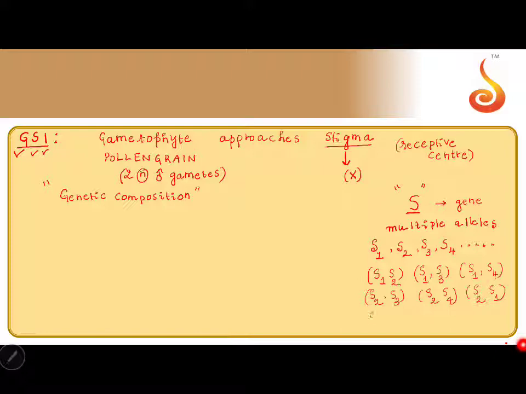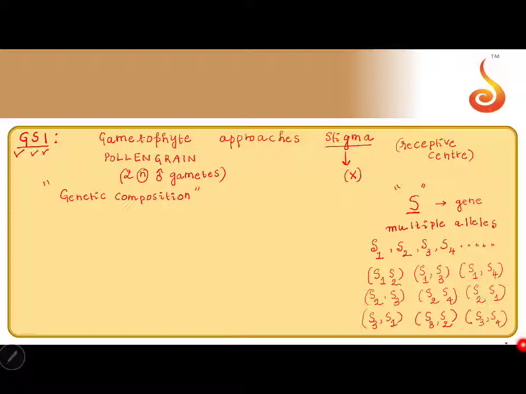So we have S3, S1, one possibility, S3, S2, one possibility, S3, S4, one possibility. So these are the possible allele combinations.